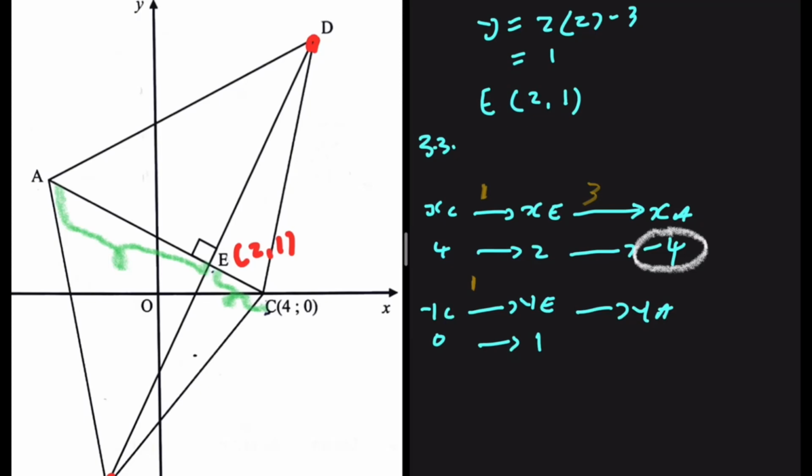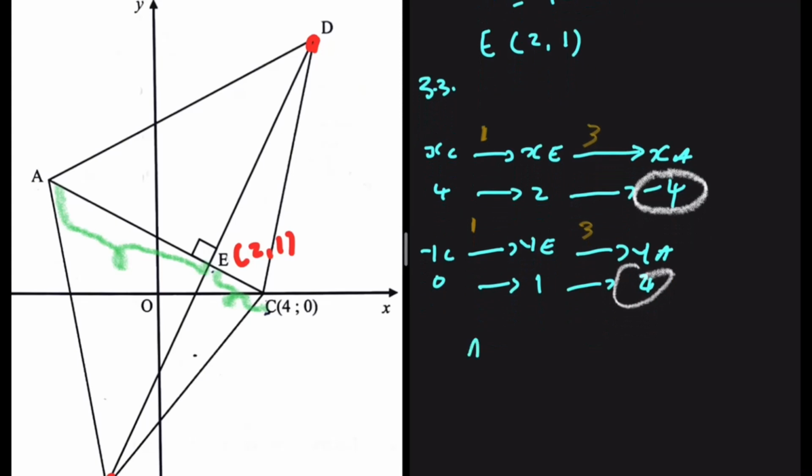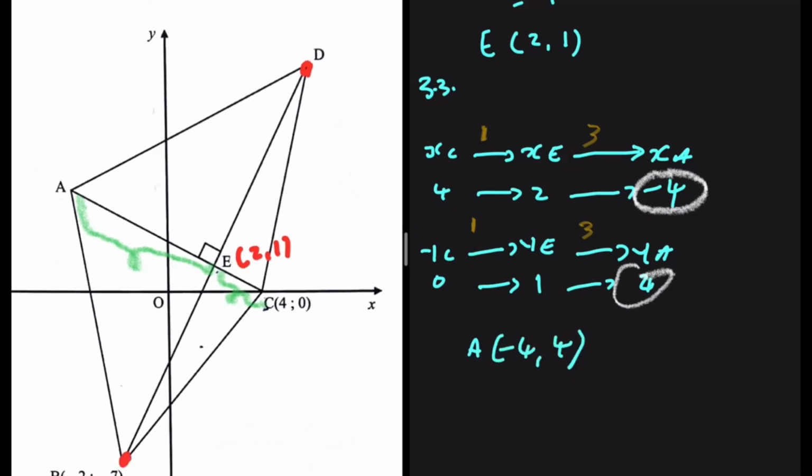So from y of E to y of A, we're going to move 1 multiplied by 3. So that is 1 plus 3, which is equal to 4. So this is the y coordinate of A. So the coordinates of A, we have minus 4 and positive 4. Our answer to 3.3.